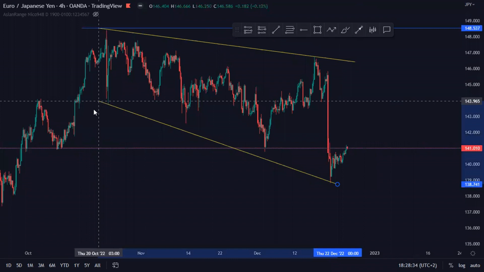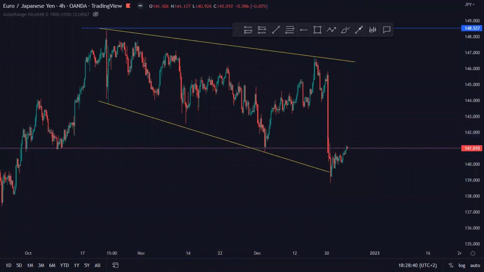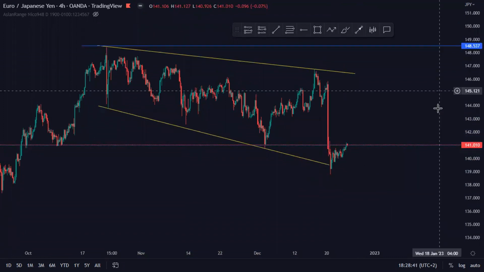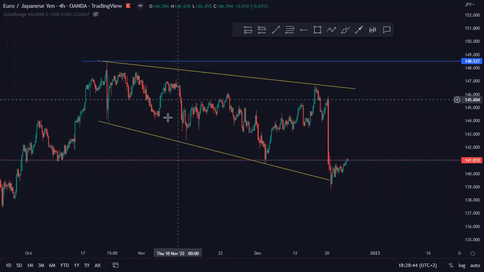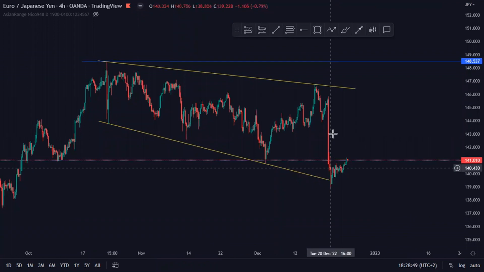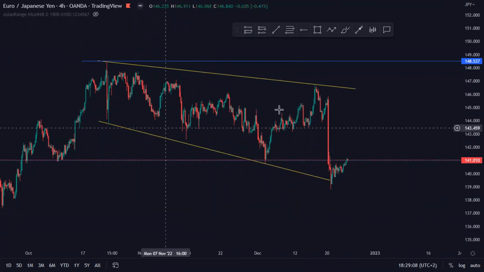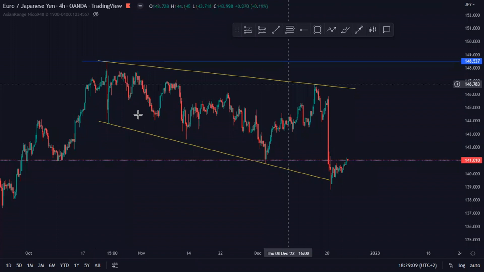As you all know, this whole structure here is very corrective. 80% of this is corrective, but only this 20% here is impulsive. It became impulsive to the downside, but it does not change the direction or invalidate the whole structure of this pattern here, which is a continuation to the upside again. This structure is still valid.